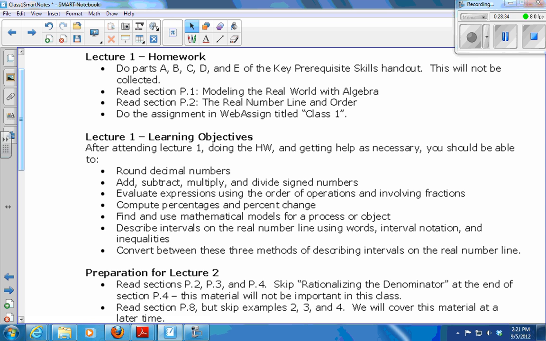Your homework is this: A, B, C, D, and E from a packet that I am going to give you. That's just some prerequisite stuff. It shouldn't take you that long. And then you're going to read P1 and P2, which is what we talked about in class today. And you're going to do the assignment in WebAssign titled Class 1, which is due Monday.